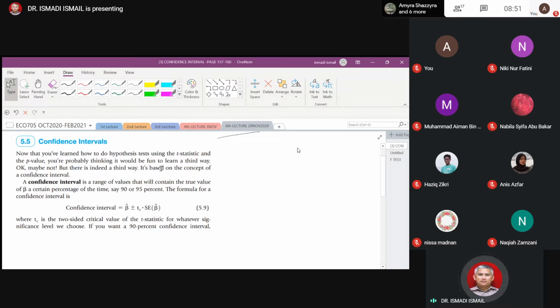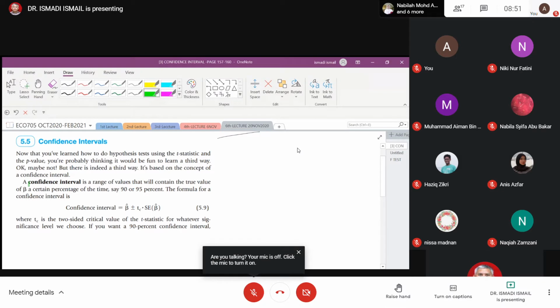So far we have discussed hypothesis testing using critical value and also probability value. Now it is confidence interval. What is meant by interval here? It is referring to a range.